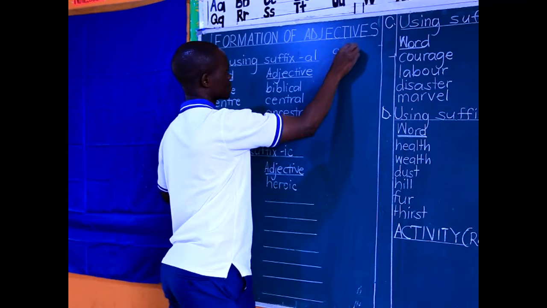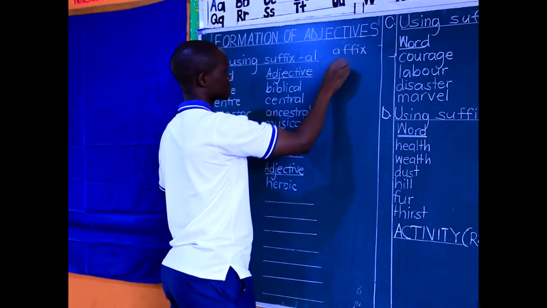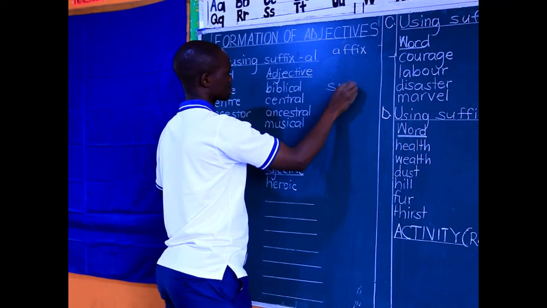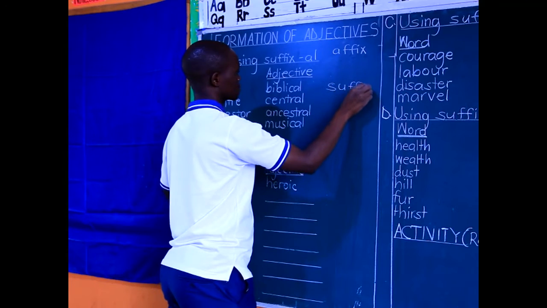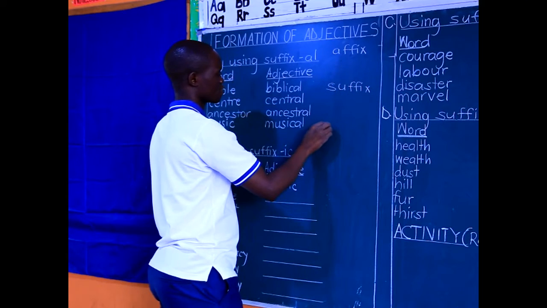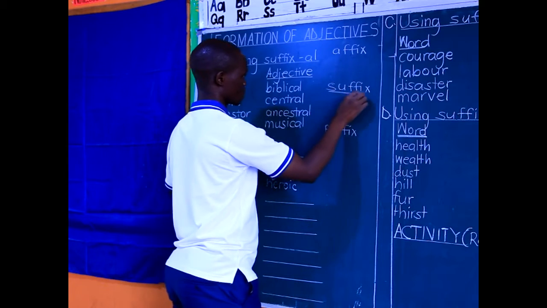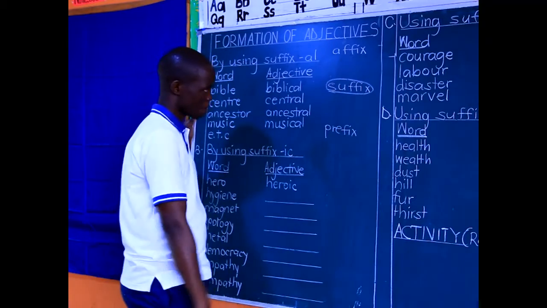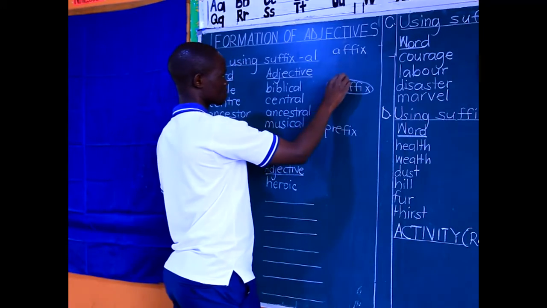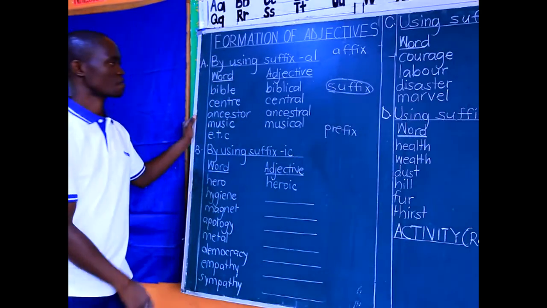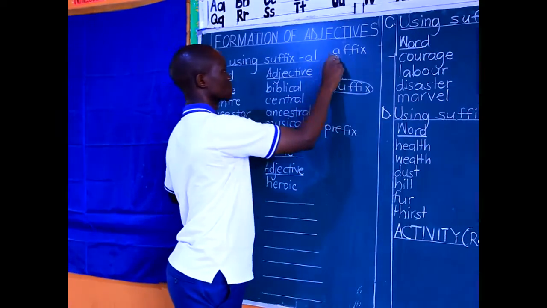We have three words: an affix, a suffix, and a prefix. But today we are looking at this. So prefixes and suffixes are under affixes.